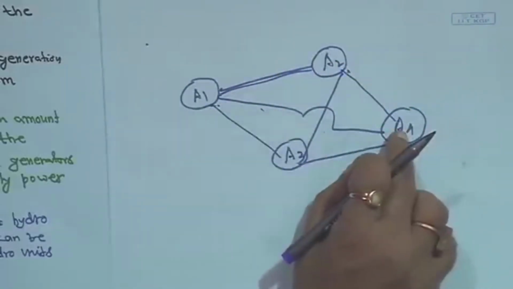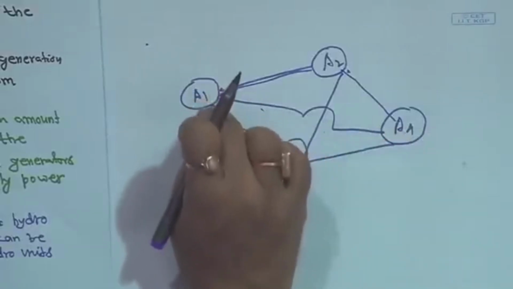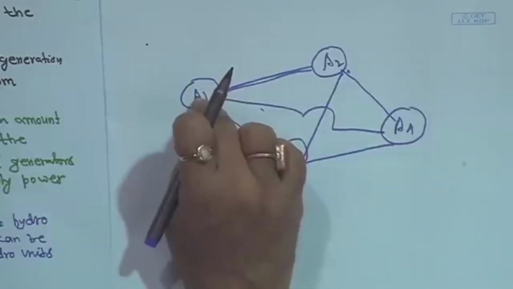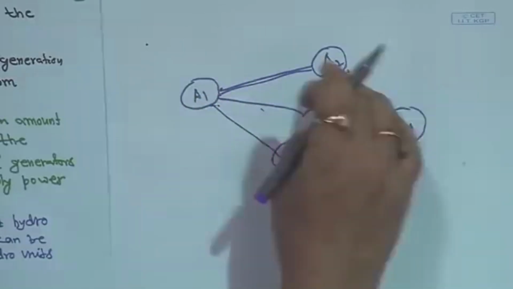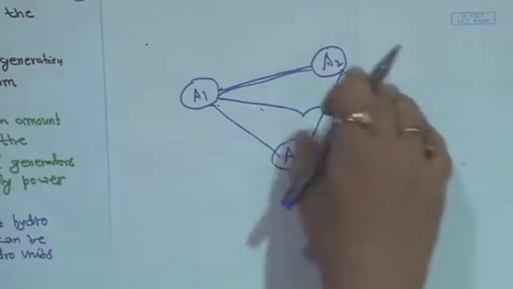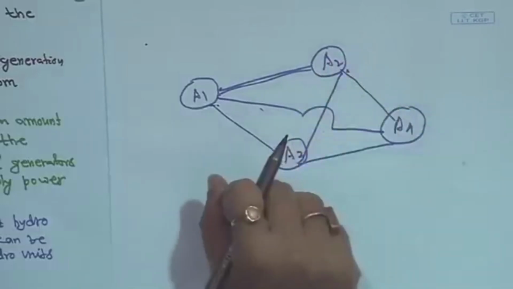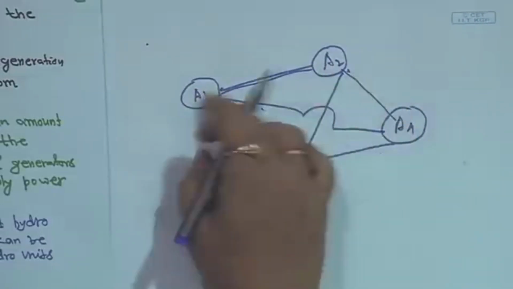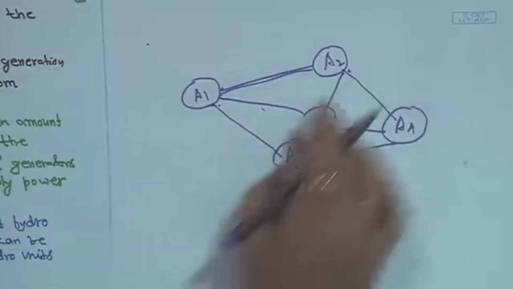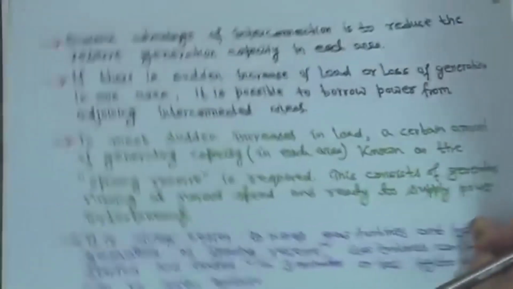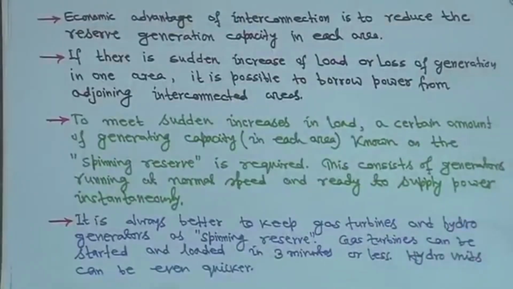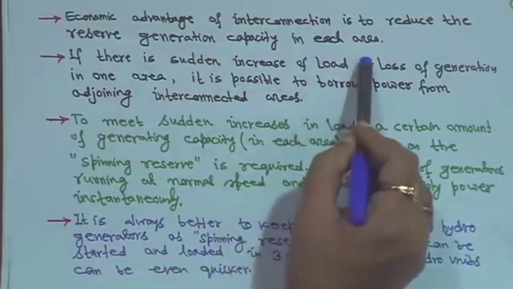Although here load is more and generation is less, that means its reserve capacity is less, but assuming the other power systems have sufficient reserve capacity, it can borrow power from the other interconnected power systems. So that is the advantage. That means the economic advantage of interconnection is to reduce the reserve generation capacity in each area.